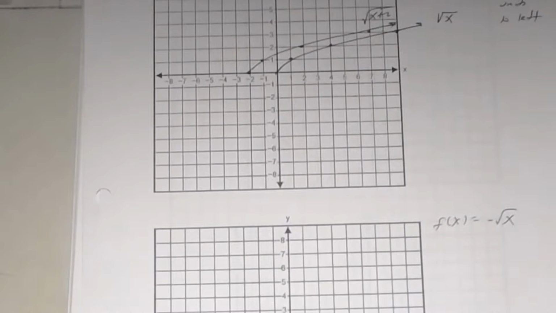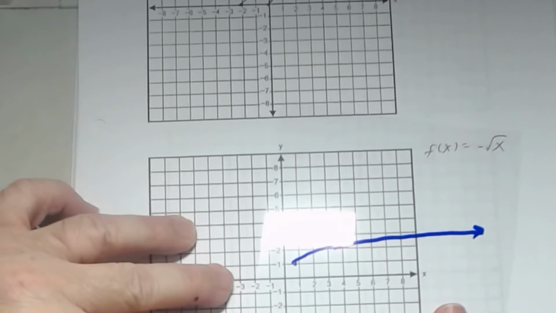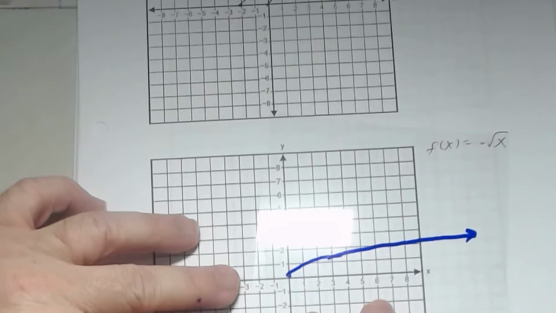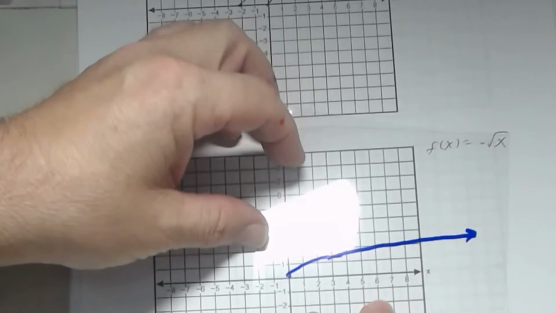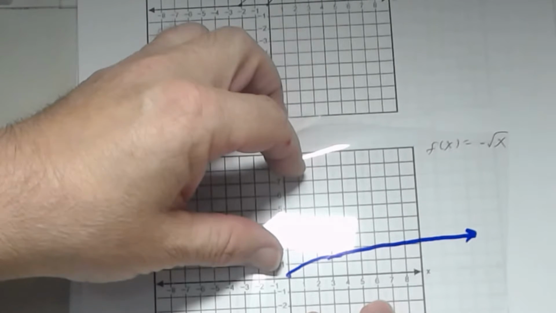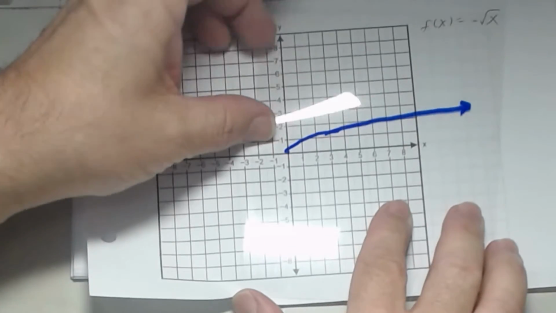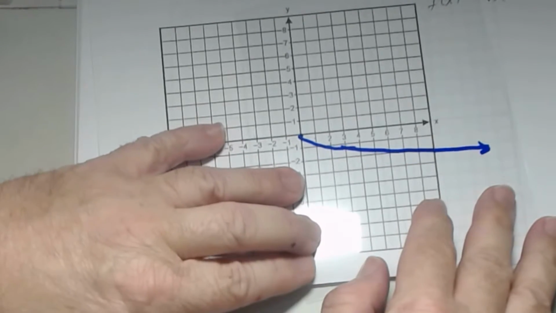So what that tells me is that if this is my parent function right here, then I've got to do what to this parent function? Shift down? Nope. The endpoint stays the same in each of the points. What I need for you to be able to say is that one phrase: reflect about the x-axis. The negative out here means to reflect about the x-axis. In other words, instead of looking like this, I'm going to reflect about the x-axis and it's going to look like that.